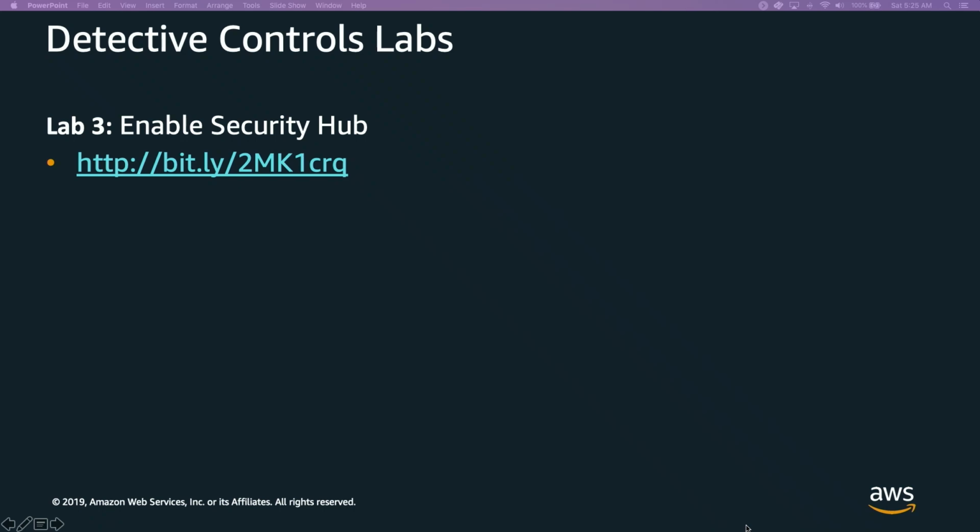So the third lab is around enabling Security Hub. This is a really great service because what it allows you to do is actually aggregate into a central location all of your notifications and events from a lot of your security services like GuardDuty, Macie, and Inspector all into one spot. It also benchmarks compliance against the Center for Internet Security benchmarks for best practice configurations for AWS.